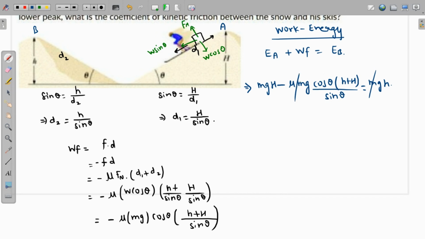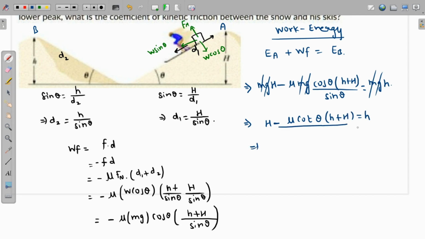Fortunately, m is cancelled from both sides, and if you notice carefully, g is also cancelled. All right, so let's rearrange the terms. In fact, let's rewrite this as H minus mu times cos over sine, which is cot, right? So cot of theta, H plus h is equal to small h.